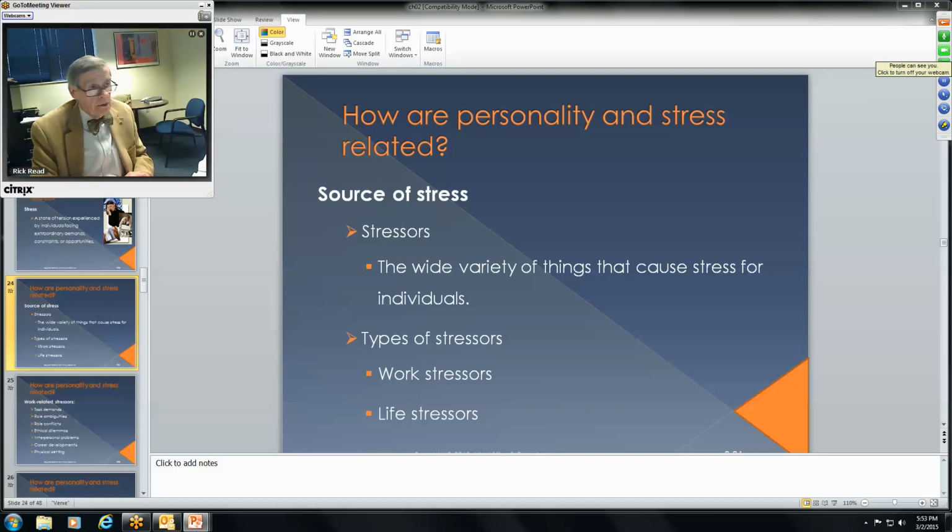And some stress is not bad. Other stress is really destructive. And we have to be careful to be able to separate the two and to get the type of even keel operation that we want to try to get.